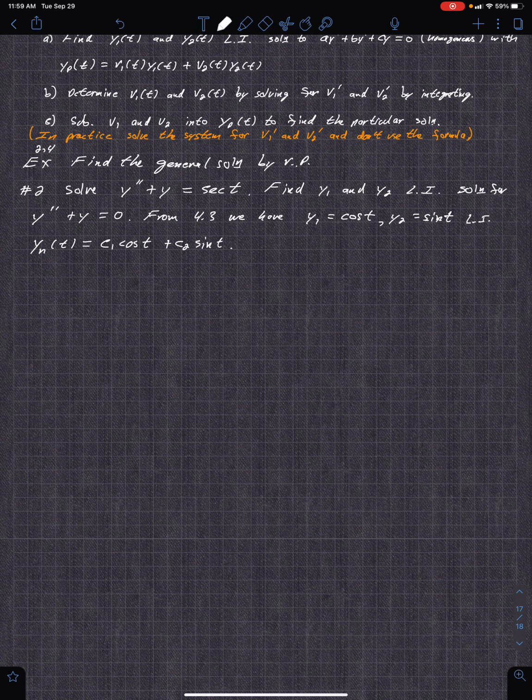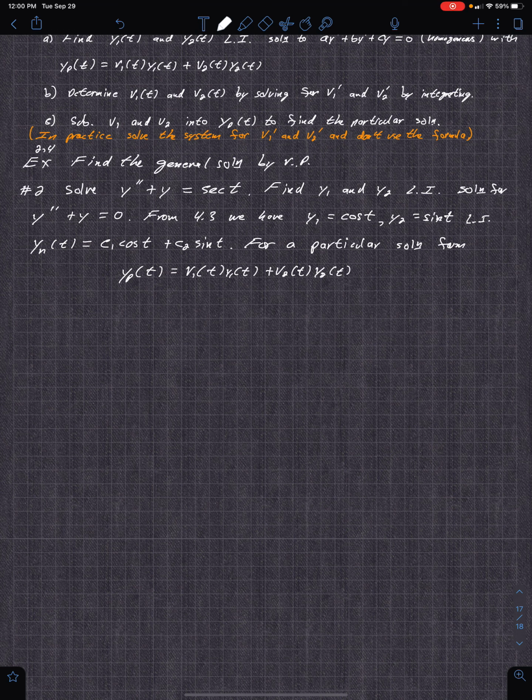Okay, so for a particular solution, we form y particular of t equal to v1 of t y1 of t plus v2 of t y2 of t.